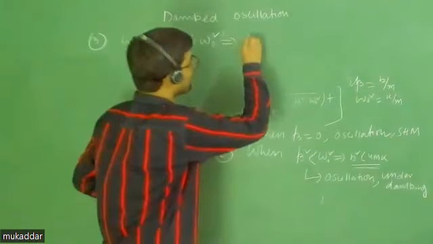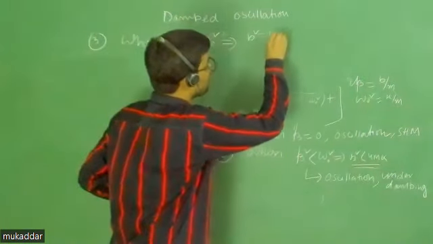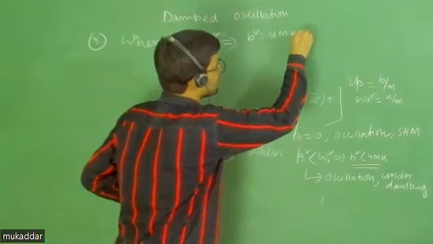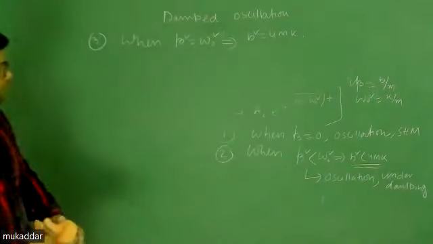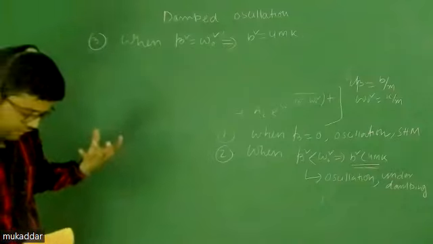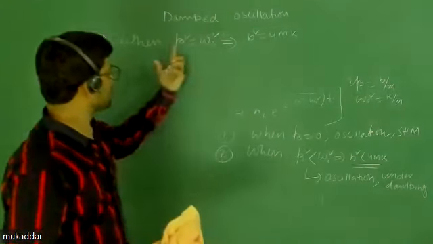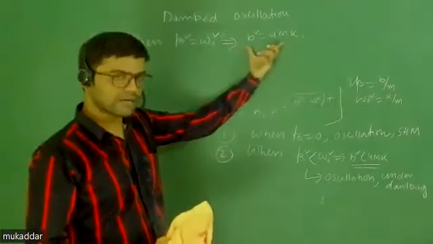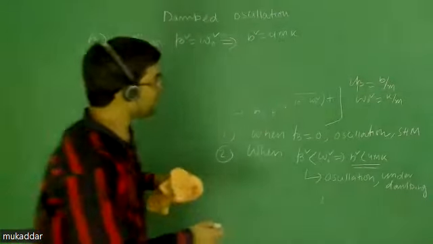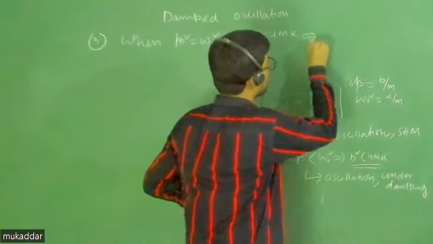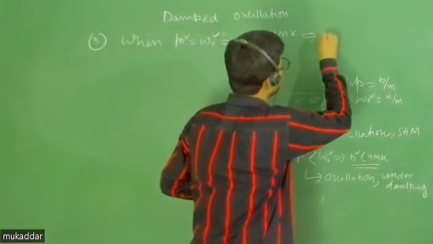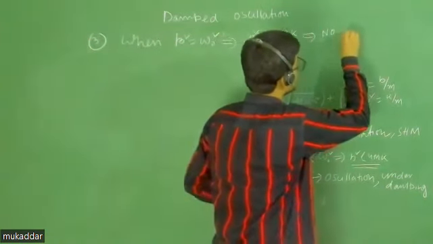That will be when b square equals 4mk. So in this case, now you are increasing the strength of the damping parameter. So now when both are the same, or this condition when you are achieving, in that case there will be no oscillation in the body. We'll see actually there will be no oscillation in the body.